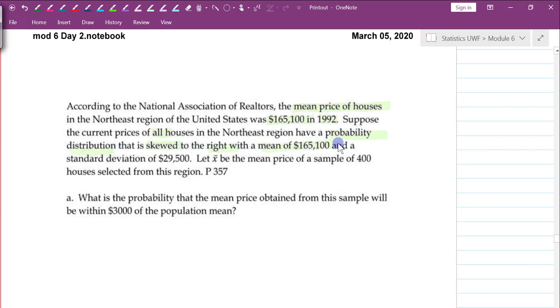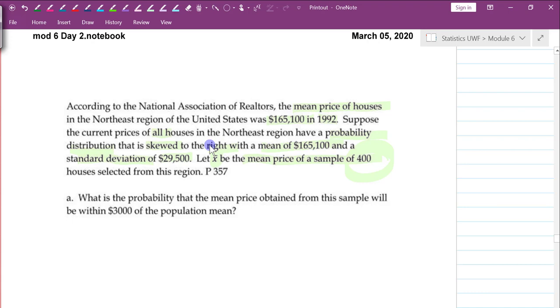Let X bar be the mean price of a sample of 400 houses selected from this region. Please note that the sample size of 400 is well over 30, and that will negate the skewness, so we can assume that X bar will be normally distributed.